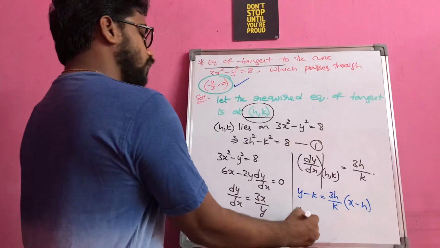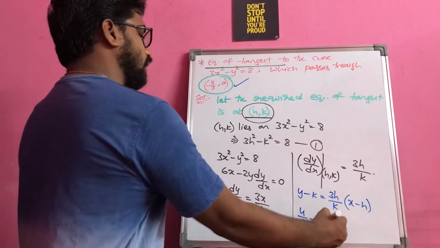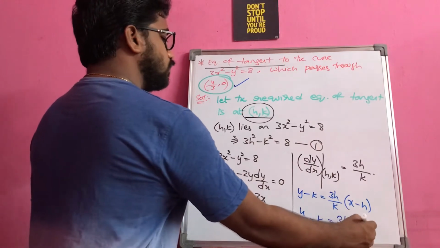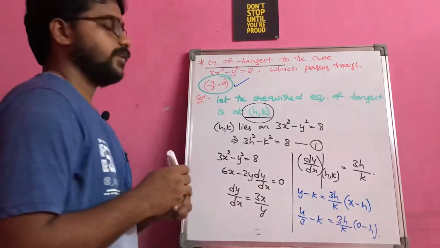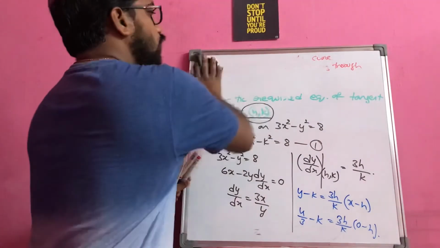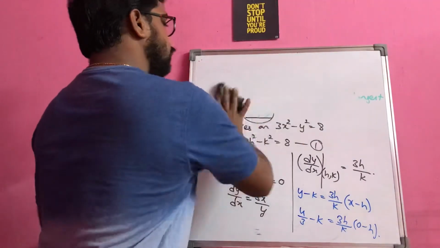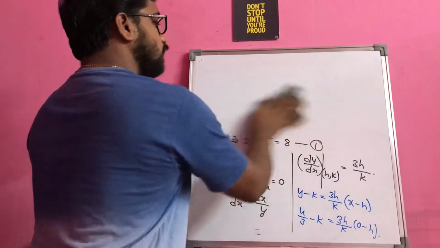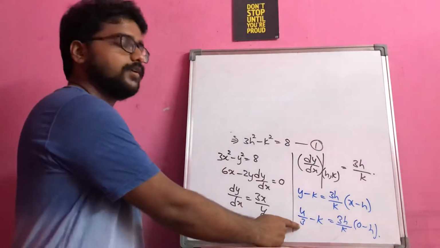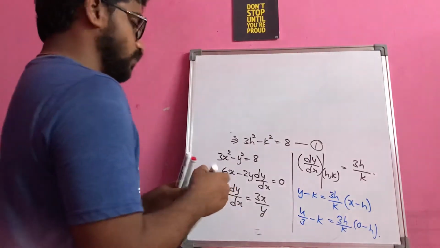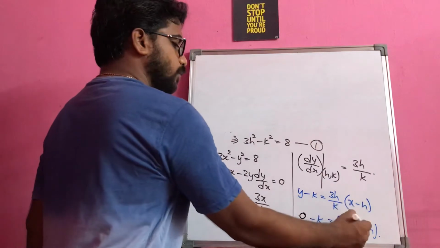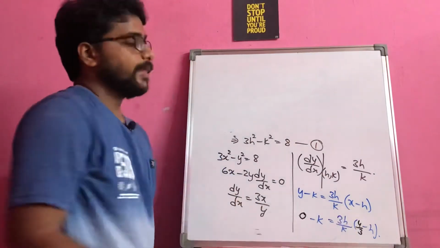If you substitute that, 0 minus k is equal to 3h by k into 4/3 minus h. Right? So we used all the conditions in the question as of now. They said equation of tangent, so we found the equation of tangent, and they said it is passing through (4/3, 0), so we substituted 4/3, 0, right? So y value is 0, x value is 4/3, my mistake, right?